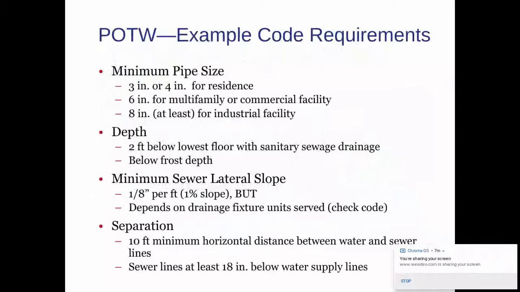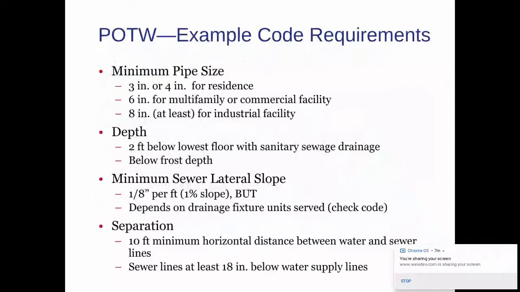Where we're going to be spending most of our time in our calculations is this next item, the minimum sewer lateral slope. Again, we want gravity to do most of the work for us. So when sewage leaves your house, the pipe has to be sloped away from your house towards wherever the sewage is flowing to.